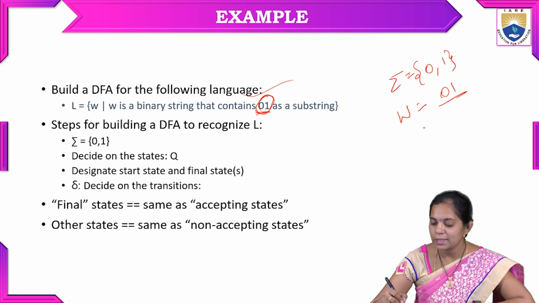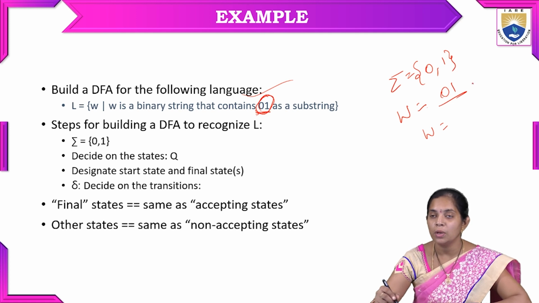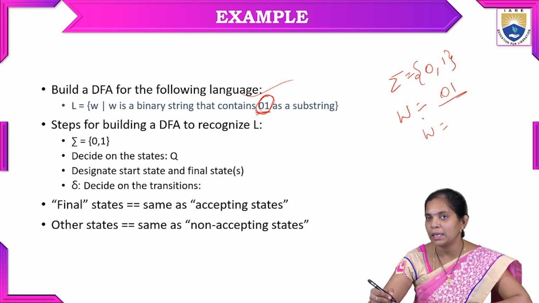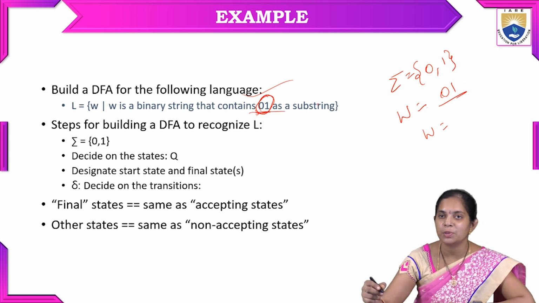So there is no limitation on the initial and final part, that is, the start of the string and the end of the string. They just mention that 01 is a substring.